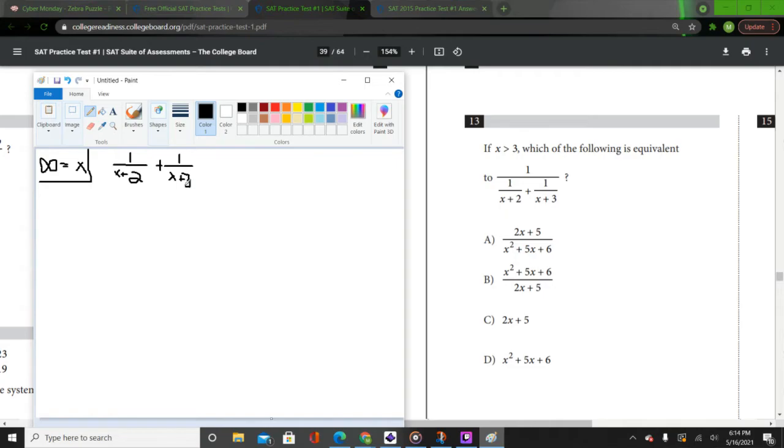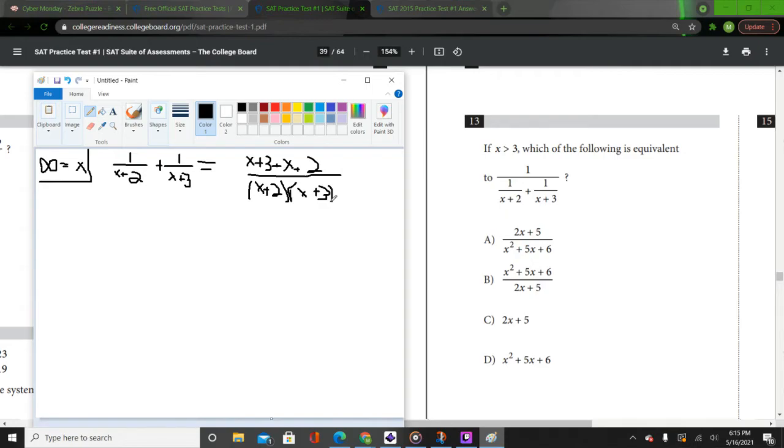I'm going to simplify it a bit, but that will basically net us to x plus 3 plus x plus 2 over x plus 2 times x plus 3. All right, now that's a good step towards our answer.